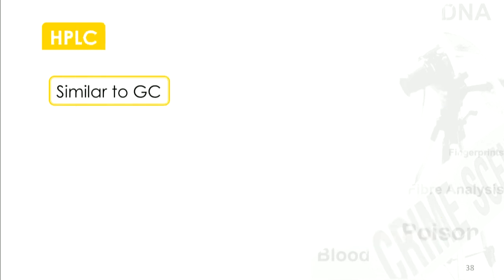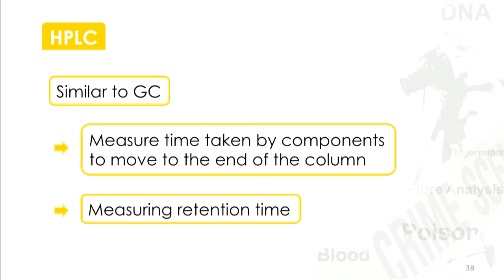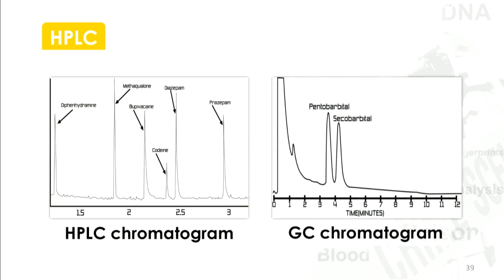Like GC, with HPLC, we are measuring the time it takes for each individual component to get from one end of the column to the other end of the column. So once again, we are measuring retention times. So the output, the data that you get from an HPLC, the chromatogram, does look rather like the chromatogram that you get from a GC, with these sharp peaks appearing, one for each component.